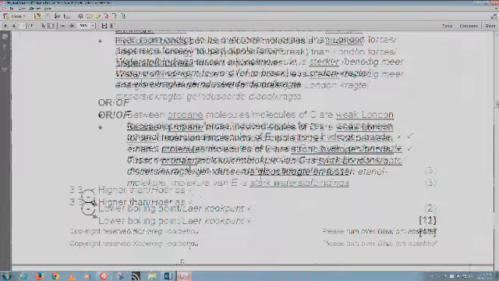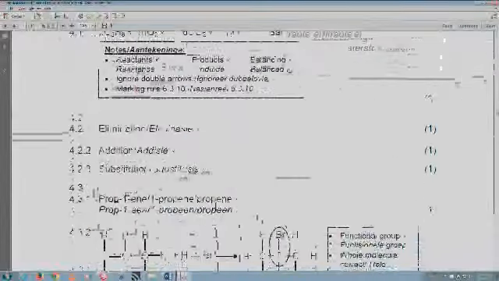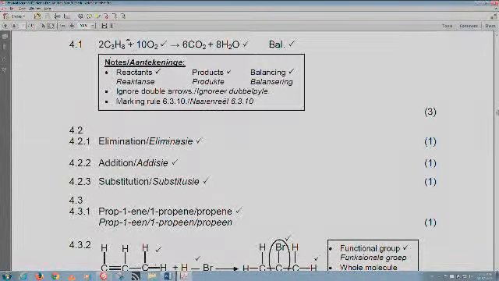Now for that one, the learner must write this balanced equation. Remember, for C3H8 and O2, that is on the left hand side as reactants, it's 1 mark. And then for CO2 and H2O on the right hand side, it's a 2nd mark. And then the 3rd mark is for balancing.